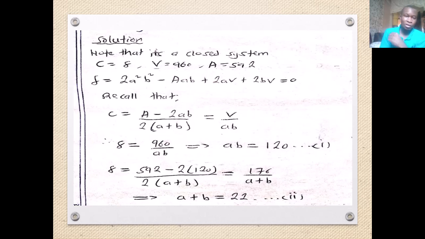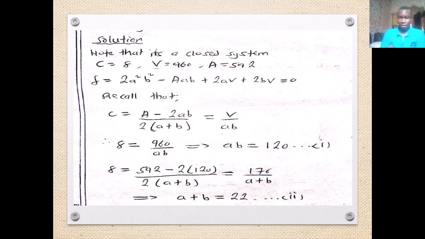Now we substitute what we are given into the expression of the height. We have 8 is equal to 960 over AB. If you cross multiply, you have 8AB is equal to 960. Dividing 960 by 8, you have A times B is equal to 120. That becomes our first equation.